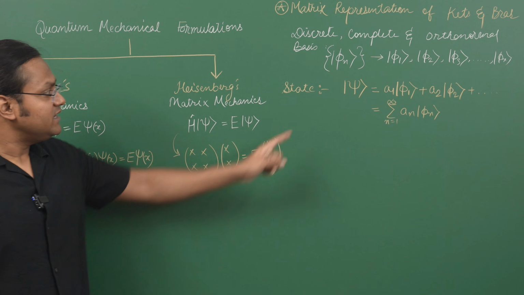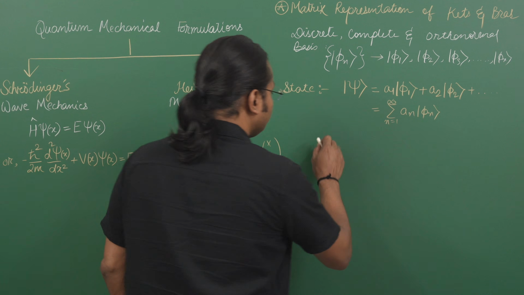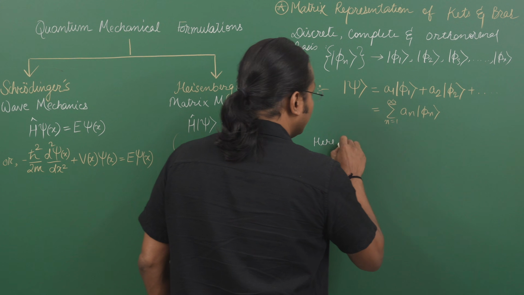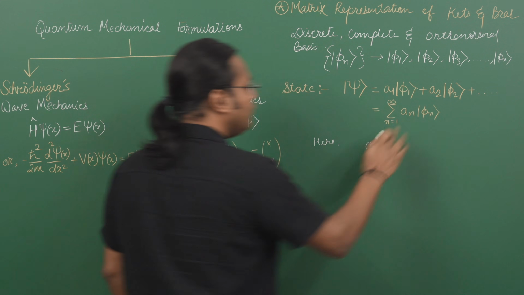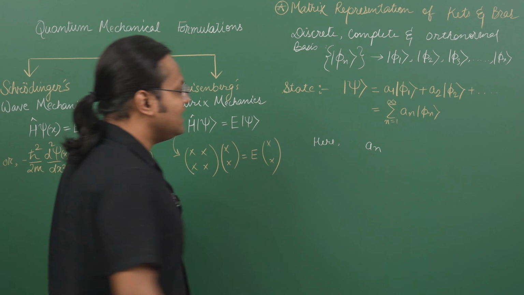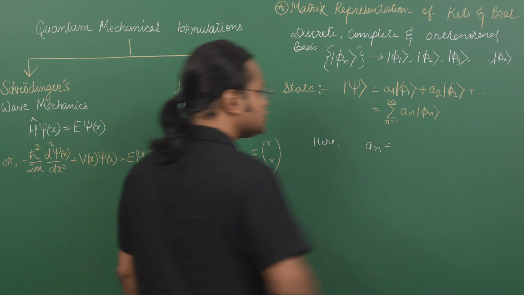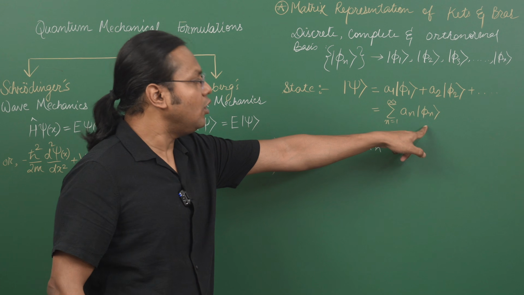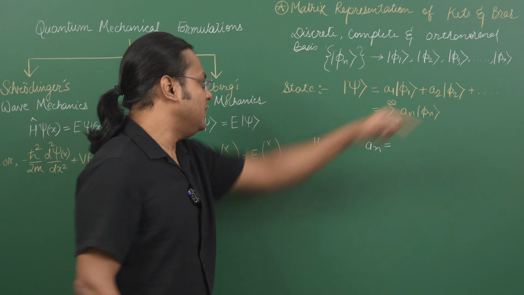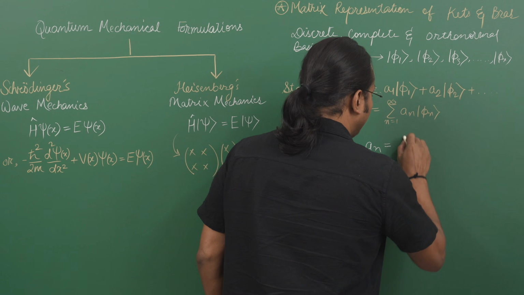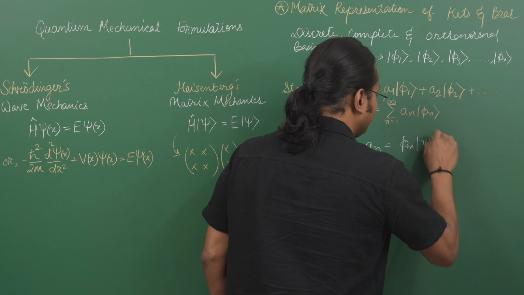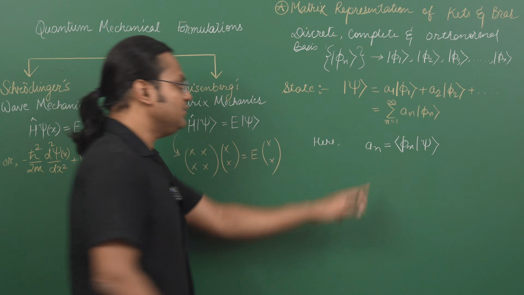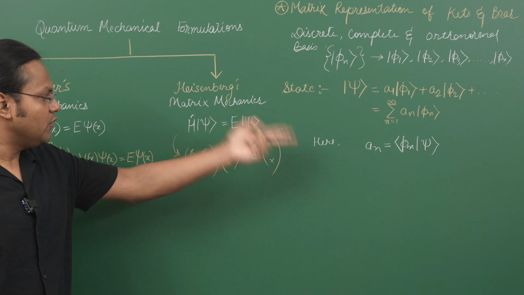So which means that even here in this case we can write these coefficients an as simply nothing but the projection of the state vector onto these individual basis vectors. So if I have phi n and psi, then this is going to give me the coefficients involved. I mean, you can check it for yourself.